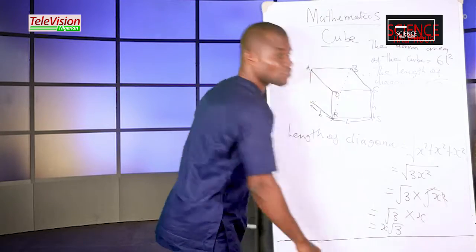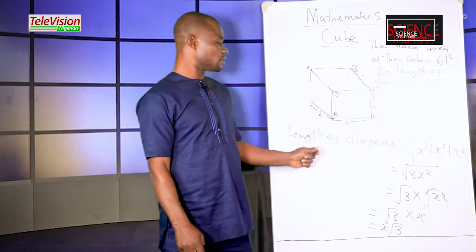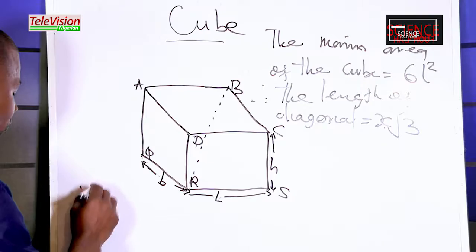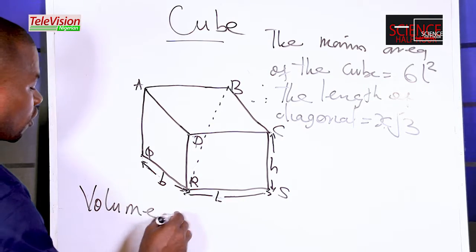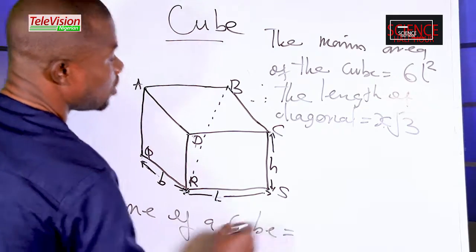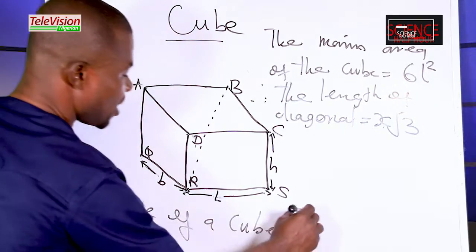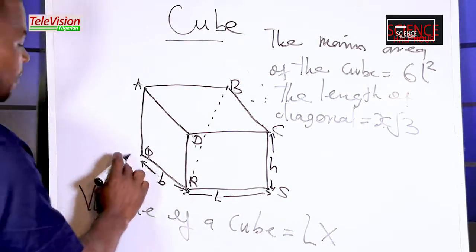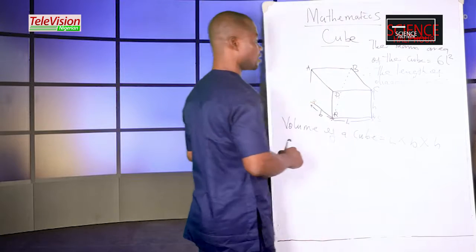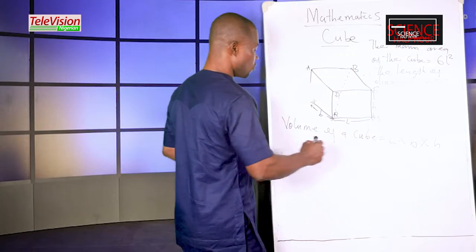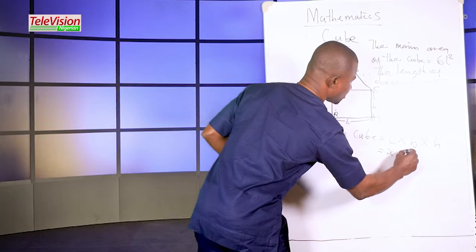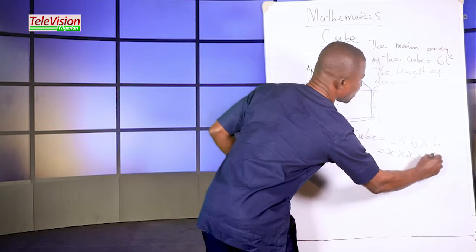The last formula we have to derive is the volume of a cube. Volume of a cube is equal to length times breadth times the height, which is equal to x times x times x.